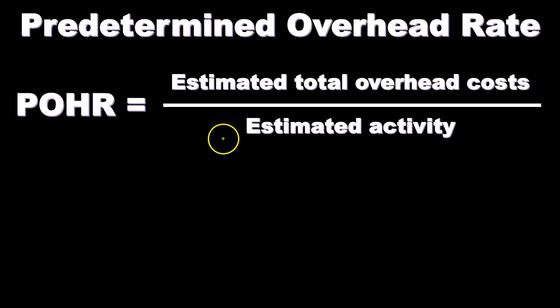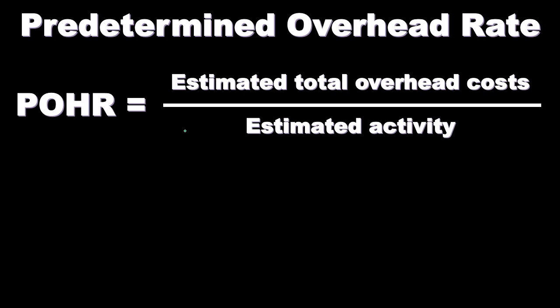So the activity base could be something like labor hours. It could be materials or machine hours or something like that that will help us to know which jobs are going to be bigger, which jobs are going to be smaller. So this is going to be our estimate. We'll have the estimated total overhead costs, what we think that will be, and then we'll divide that by the estimated activity, whether that be machine hours or labor hours.